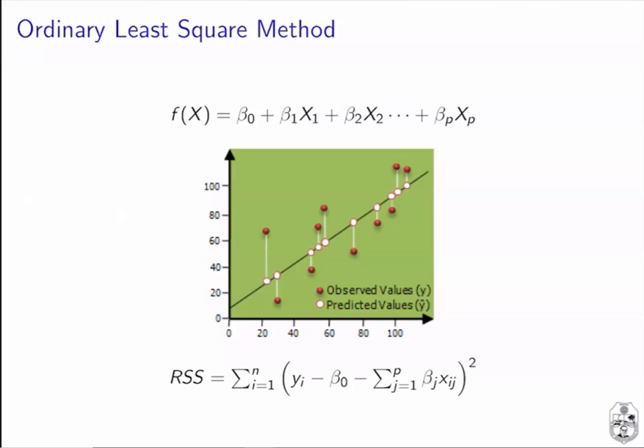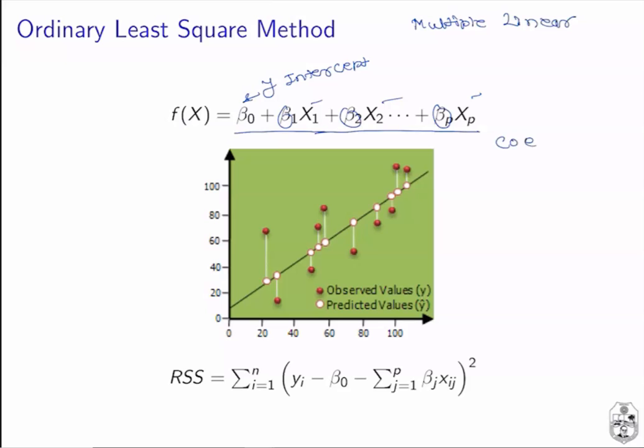As in the case of multiple linear regression, we saw that the multiple linear regression equation usually takes this form, in which beta 0 is the y-intercept, and x1, x2, xp are our input features, and beta 1, beta 2 and beta p are our coefficients, or we usually call them the model parameters.